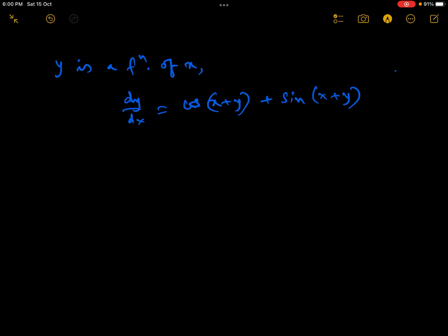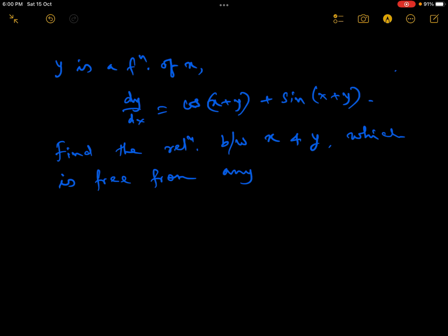I think you will be able to do this. y is a function of x such that the differential coefficient dy by dx is equal to cos of x plus y plus sine of x plus y, and the question asks us to find the relation between x and y which is free from any derivative or differential.